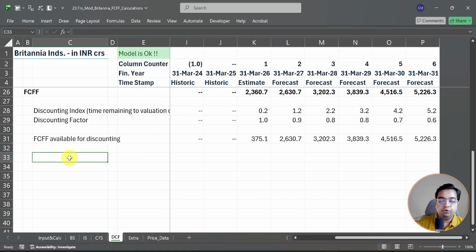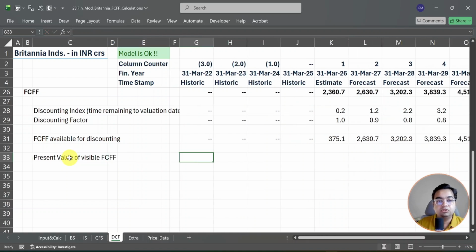The next part is we are going to discount them, bring them into present value terms. So present value of visible FCFF. Now this is going to be simple for us. FCFF, future cash flows to firm available for discounting, multiplied by the discounting factor.